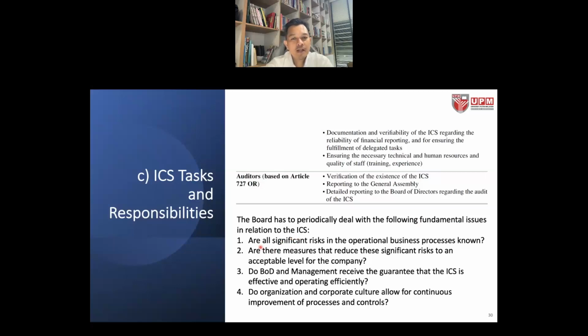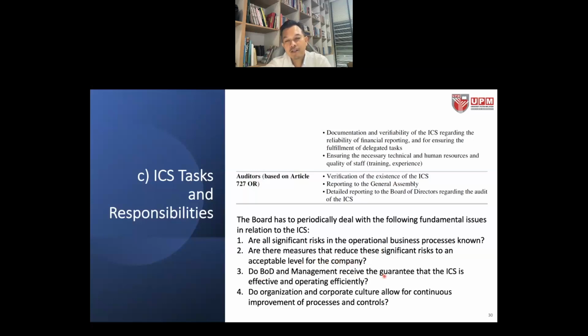Number one, they have to make sure whether all significant risks in the operational business processes are known. Okay, they have to challenge the management and the top management of the company. Are there measures that reduce significant risk to an acceptable level for the company?